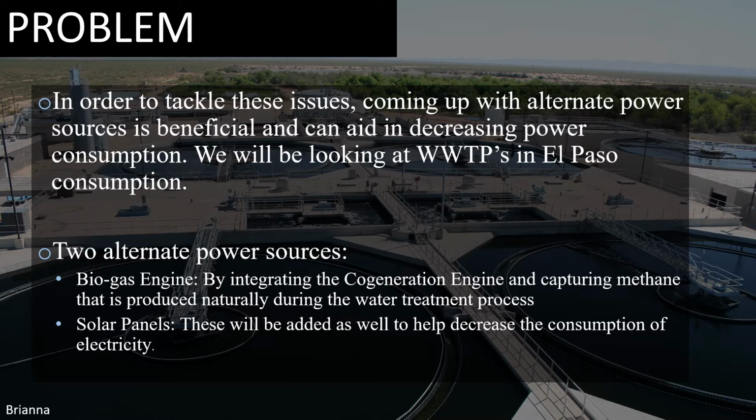It will use the methane that is produced naturally during the treatment process, primarily during the anaerobic digestion process, to power the engine, which will in turn power the plant. Please keep in mind that there are limitations, and the amount of methane being produced is not always consistent. We will be discussing that later in the presentation.